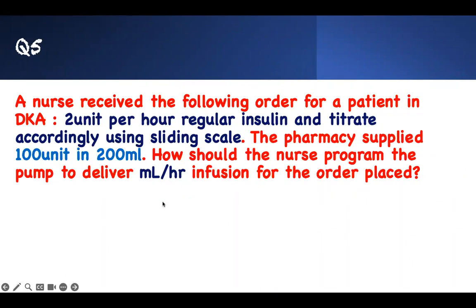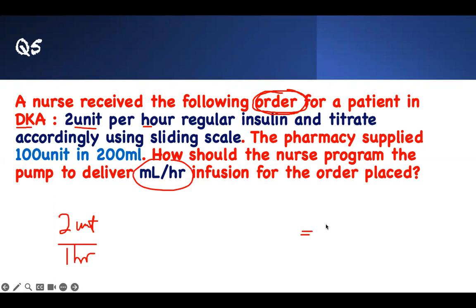Same calculations, right? And next, receive the following order for a patient in DKA. There's an order. You have to pay attention. As I said, test taking skills. I hear an order, I know that's the prescribed dose. That's what I'm being given. For a client in DKA, 2 units per hour. So I need to give the patient 2 units every hour of regular insulin, right? Then I look at the answer choice. How should the nurse program the pump to deliver ml an hour?